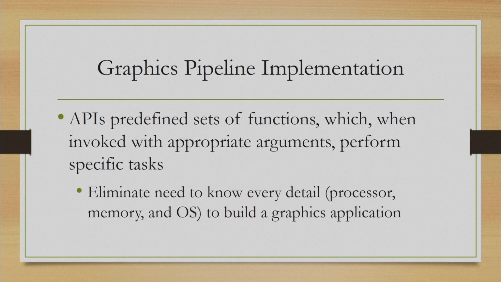Now, what do these libraries contain? They contain predefined sets of functions which, when invoked with appropriate arguments, perform specific tasks. So, the programmer need not know every detail about the underlying hardware platform, namely processor, memory and OS, to build an application.